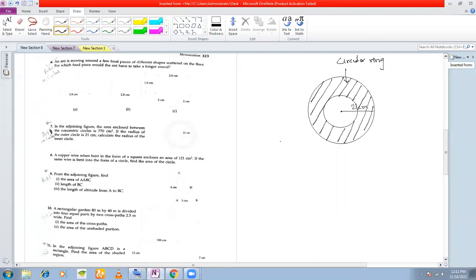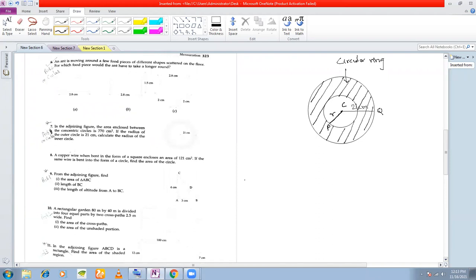Next is, if the radius of the outer circle is 21, you can see they have shown the radius of the outer circle to be 21 centimeters. You need to calculate the radius of the inner circle. Now, what is the radius of the inner circle? From the center, if I draw this line here, let's call this point C, and let's call this point P, and let's call this point Q. Then this is the radius of the smaller circle.